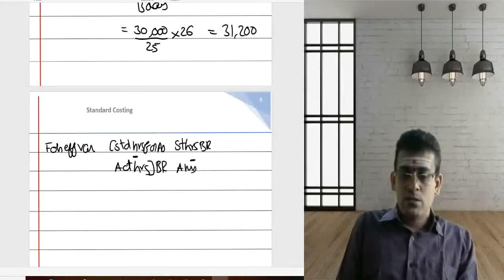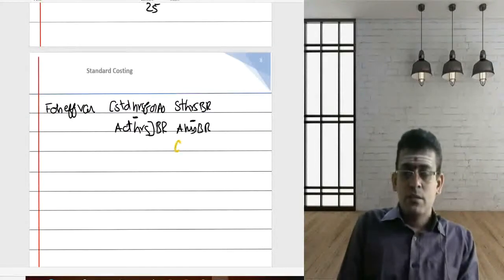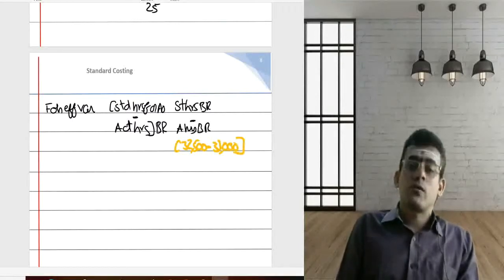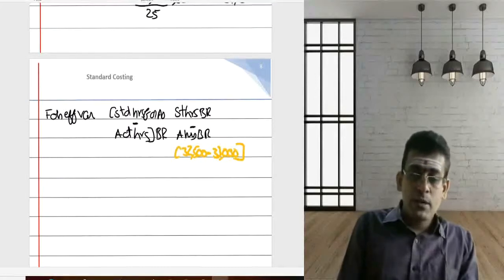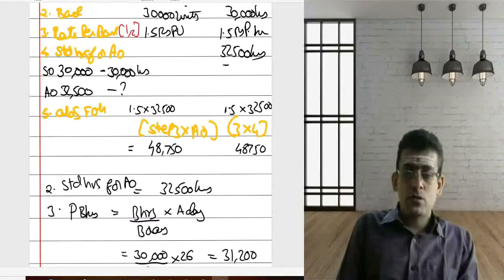So I am going to take the difference. 32,500 is my standard for actual, whereas my actual is 33,000. So I had used more hours. Now what is my budgeted rate per hour? My budgeted rate per hour was, I guess, 1.5 rupees.